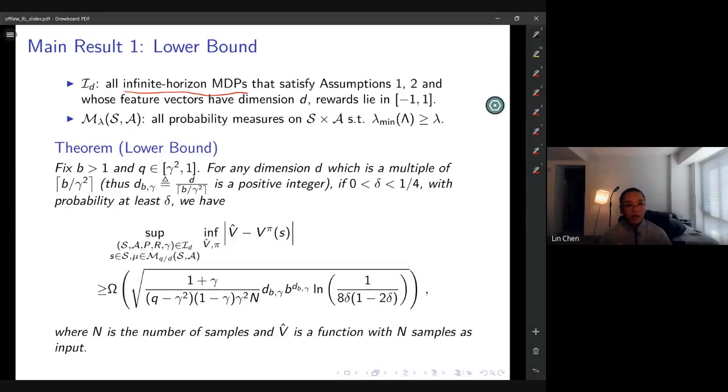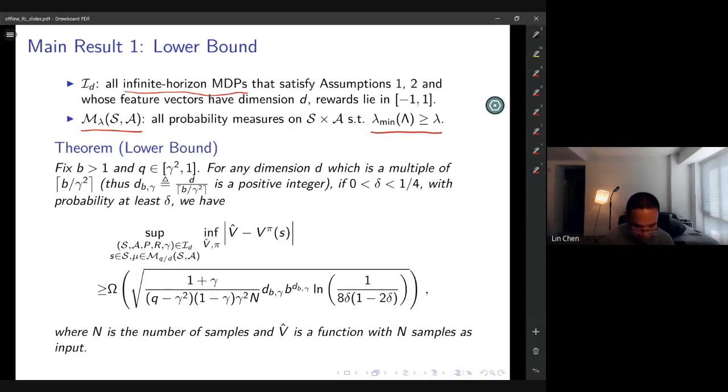In other words, I_d denotes all problem instances that satisfy our aforementioned assumptions. And M_lambda denotes the set of all probability measures on state action pairs such that the feature covariance matrix is lower bounded by lambda. In other words, M_lambda is all data distributions that have good feature coverage.